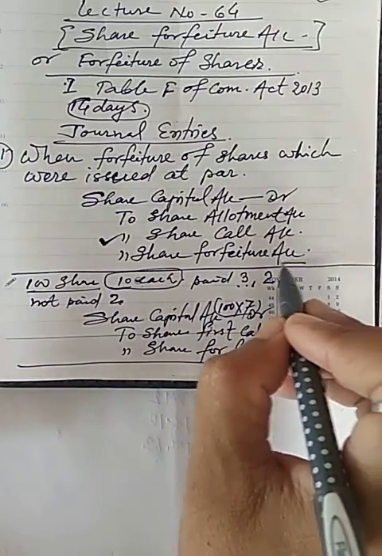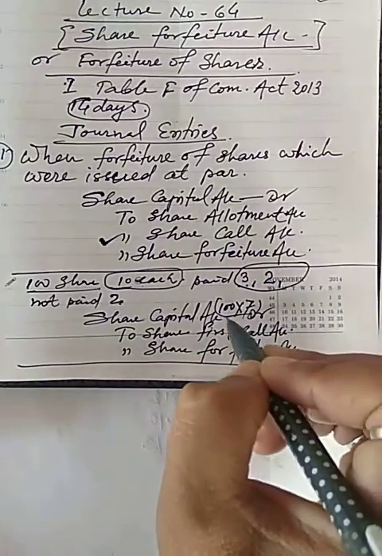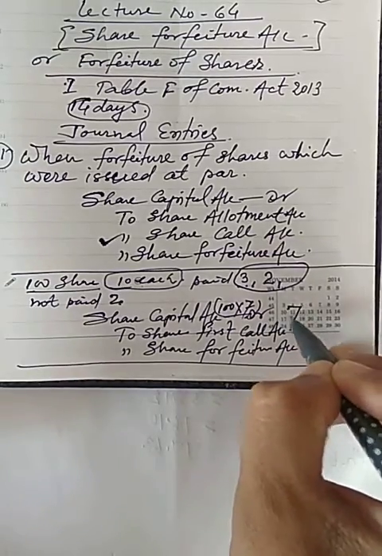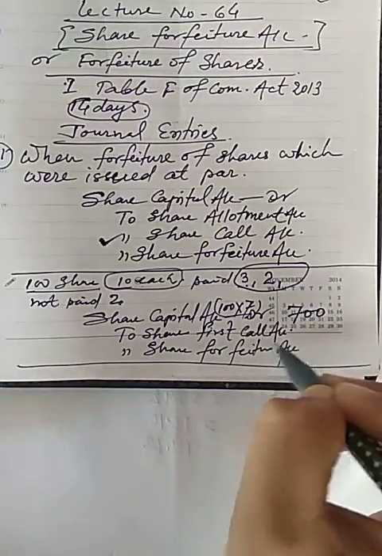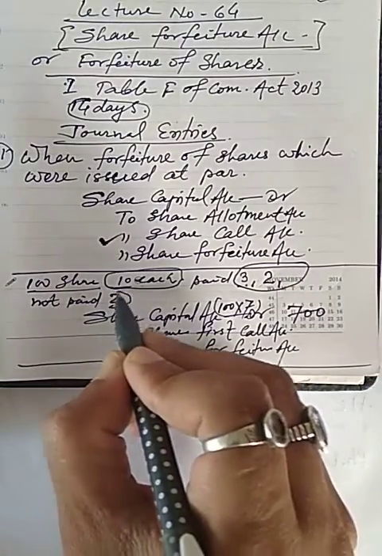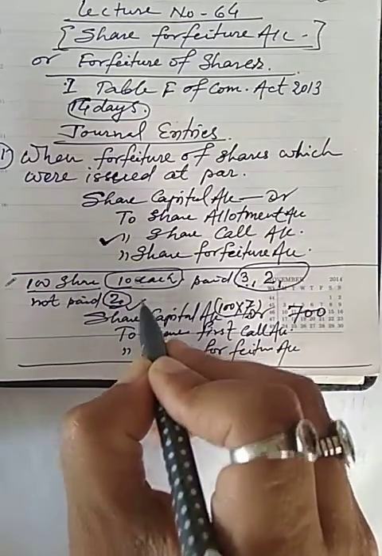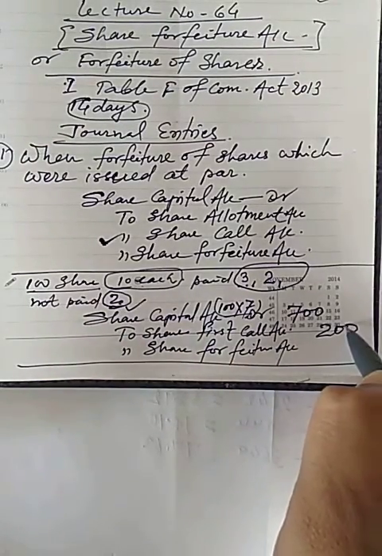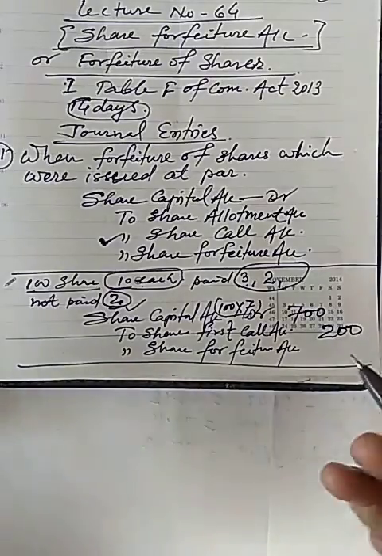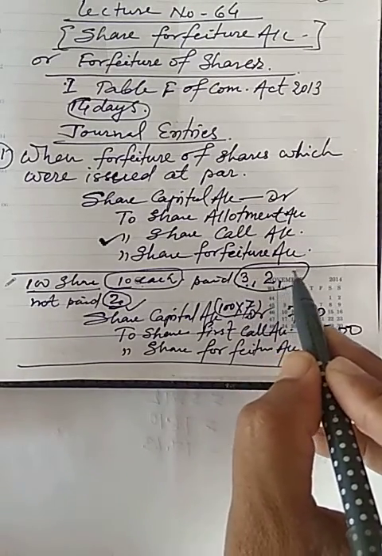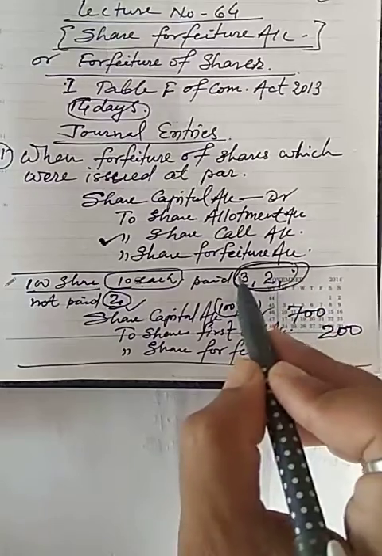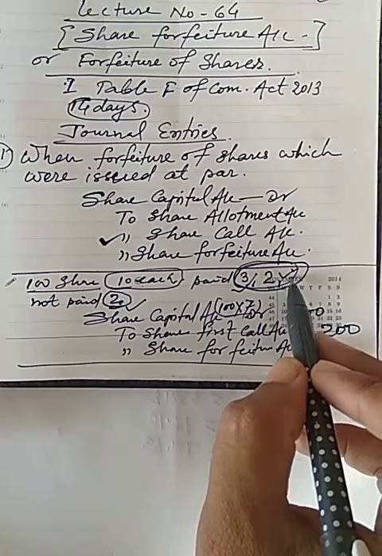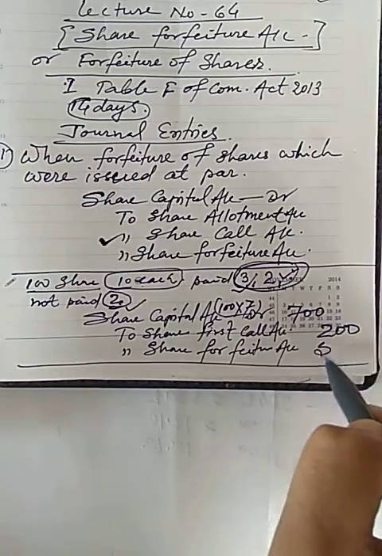So share capital will be debited by rupees 700, and on first call at the rate of rupees 2 not received, so it will be credited by 200, and I have received at the rate of rupees 5 each, 3 on application and 2 on allotment, so it will be 500.